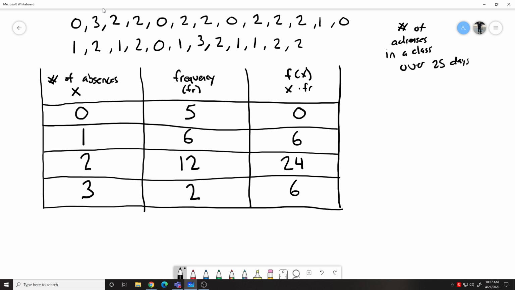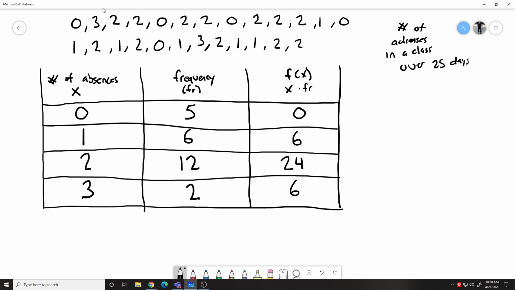Now, the great thing about organizing your data into a frequency table is it makes finding things like the mean, the median, and the mode very easy. I don't even need to sort my data. And obviously the bigger the data set you have, the more useful this is.